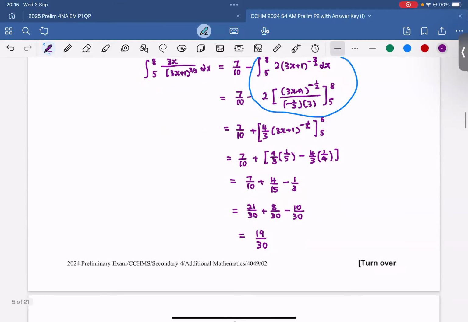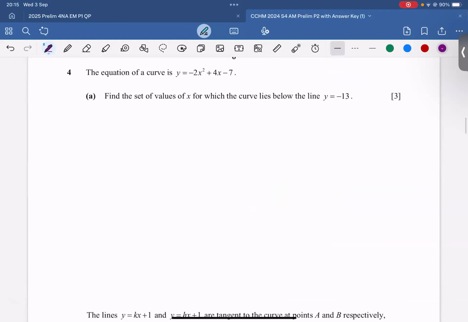Okay, next question. The equation is this: find the set of values for which the curve lies below this. So this lies below this basically means this has a value of less than negative 13. Okay. So to solve your quadratic inequality, always make your x squared positive.